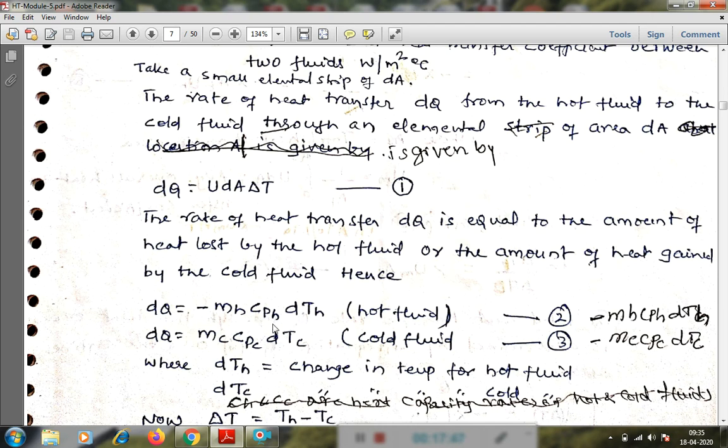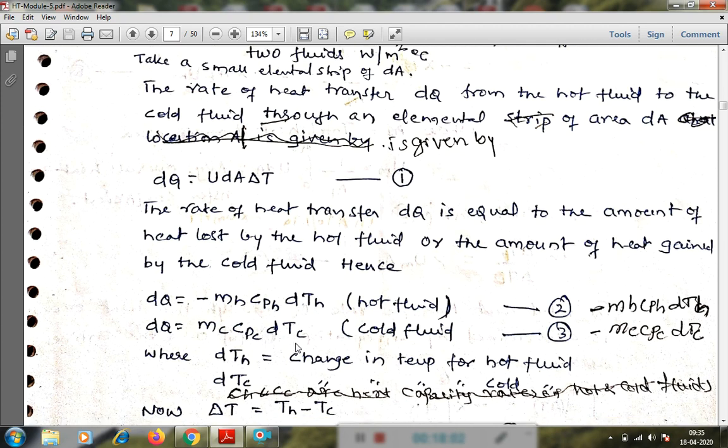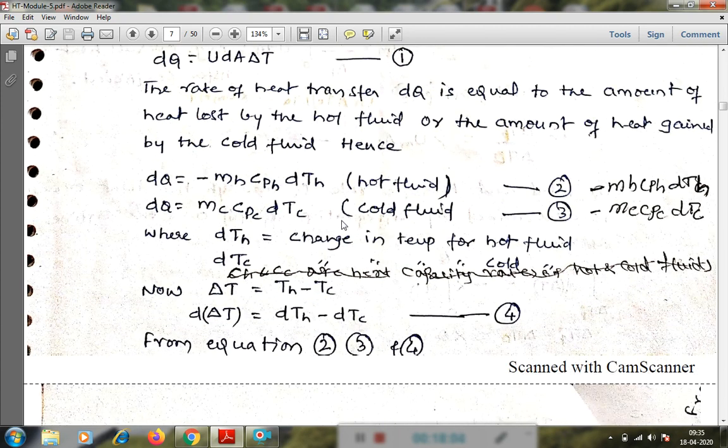This is the energy equation: mass flow rate, specific heat, into the temperature change of the hot fluid for that elemental length. And dQ is equal to mC CpC dTc for the cold fluid, where dTh is the change in temperature for the hot fluid and dTc is the change in temperature for the cold fluid.